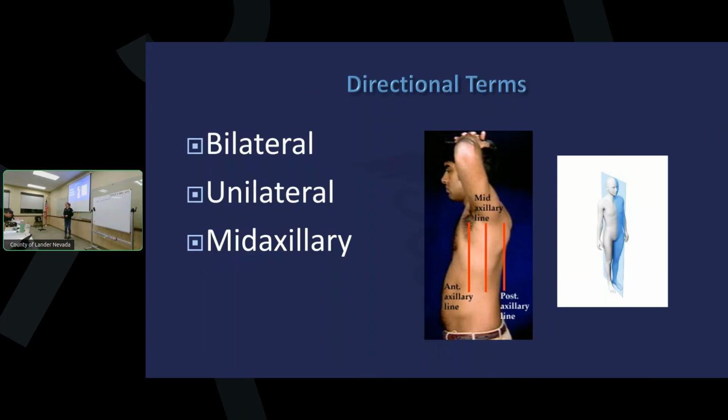This comes into play when we're placing a 12 lead, because the sticker for V6 goes mid-axillary. So it's good to know where that line is. And as you progress in EMS or any medical field, when you start needle decompressing or sticking your fingers in people's chests, we go mid-axillary. So we need to know where that is.